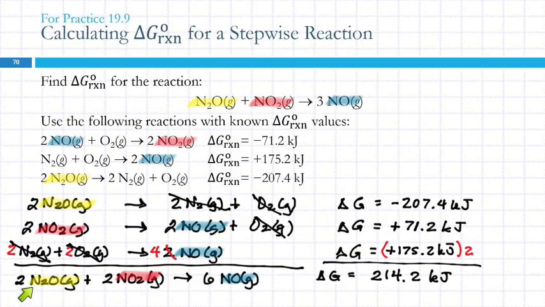Does my equation here match exactly with what we have up there? No. It's doubled. We could have avoided that by cutting some things in half as we were going through here. You know, and for some people that makes more sense. I decided I was just going to deal with it at the end. So this is twice as big as we need, right? We need 1, 1, and 3. So we need to divide each of these by 2.